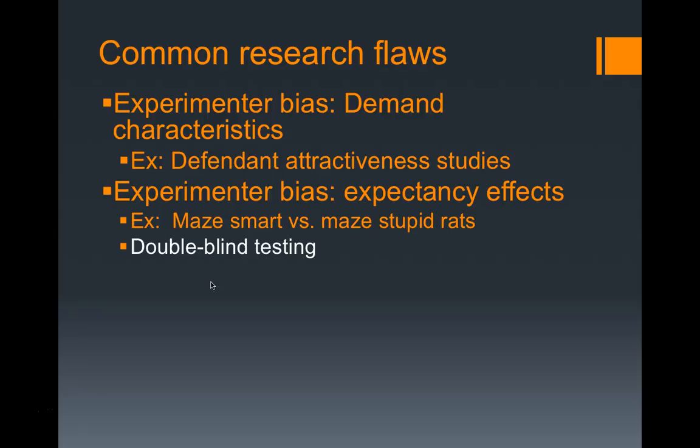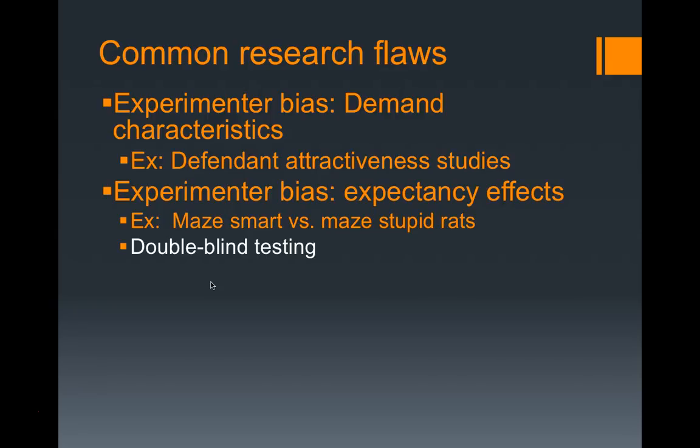But not only the participant, the experimenter ideally needs to be blind. In most research that's done, when it can be done, the person who's actually collecting the data does not know the condition that the participant is in, and may not even know what the hypothesis of the entire experiment is.